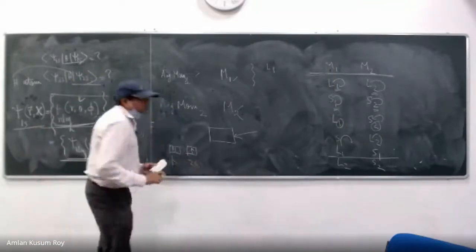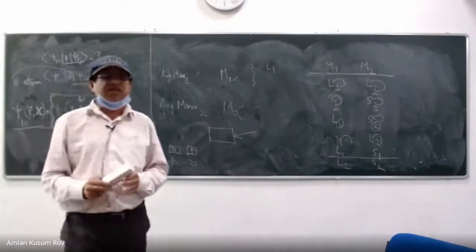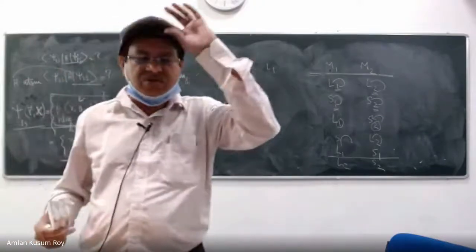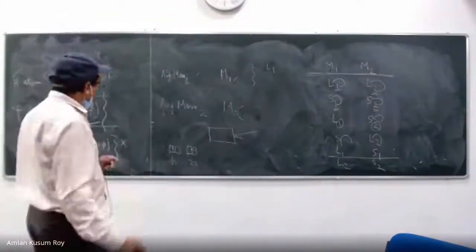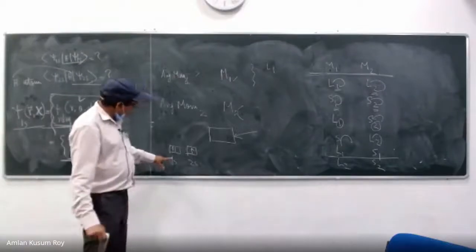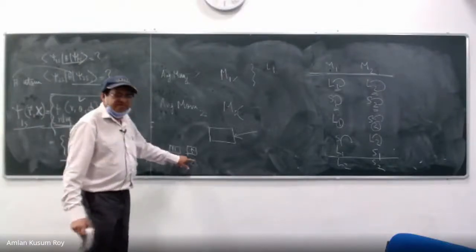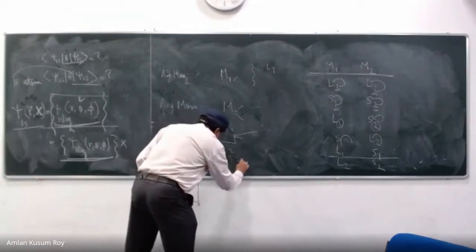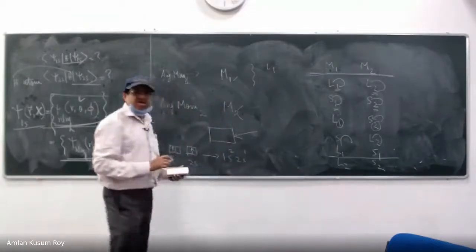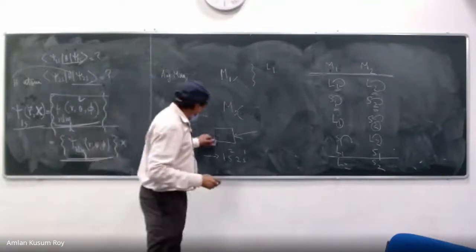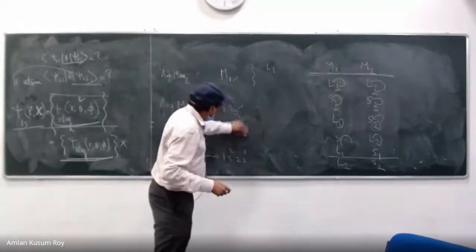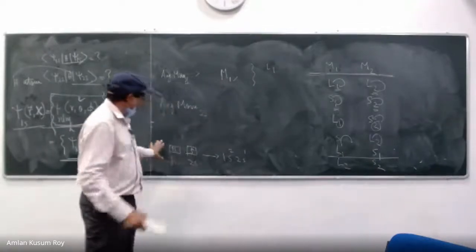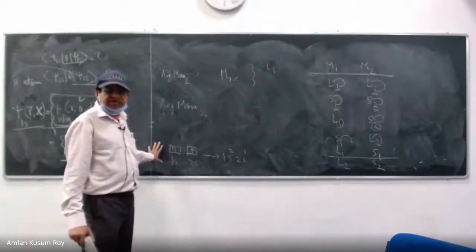I deliberately took lithium, not helium, because with helium you might get confused. So for lithium I have 1s2 2s1. This is actually a configuration. Now, where is my orbital? Where is my state? When I am solving the Schrodinger equation for the lithium atom, what do I get?